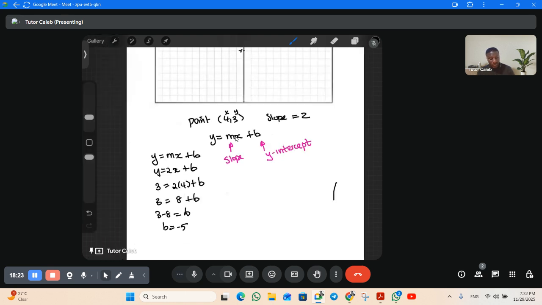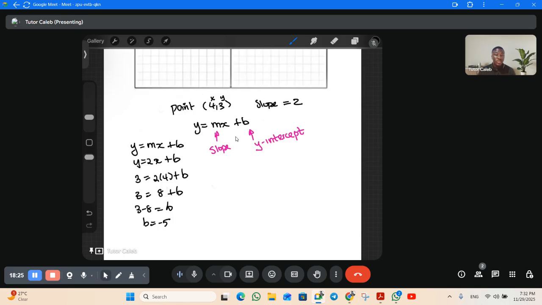Now, remember, to write any equation of a straight line, you need the slope and the y-intercept. The question already gave us the slope, and now we know the y-intercept. So we can take these two elements and put them in the equation y equals mx plus b.